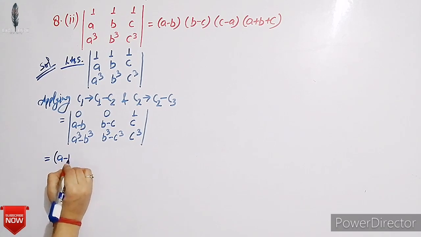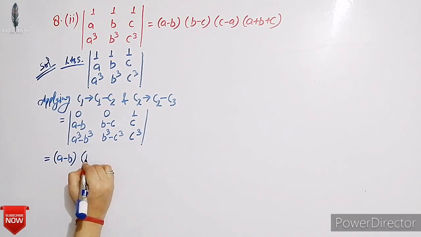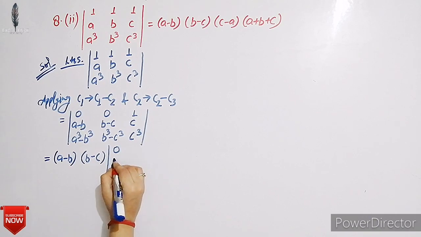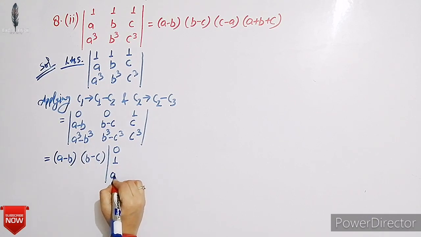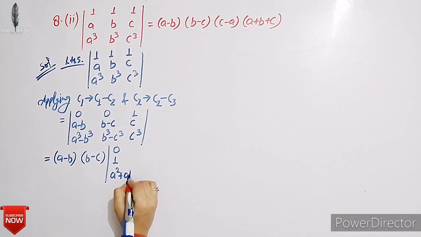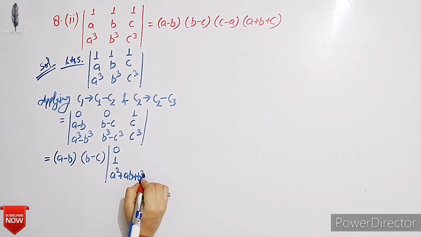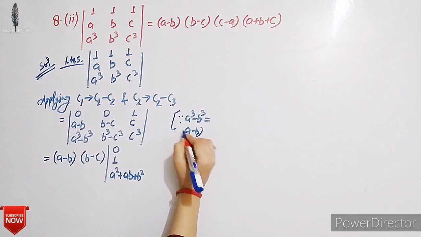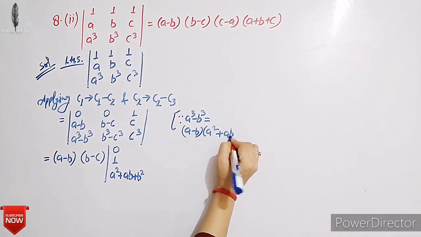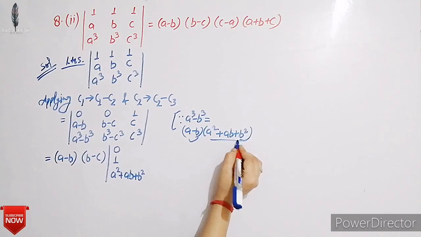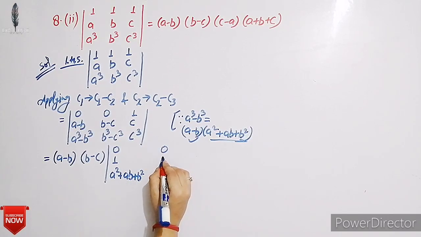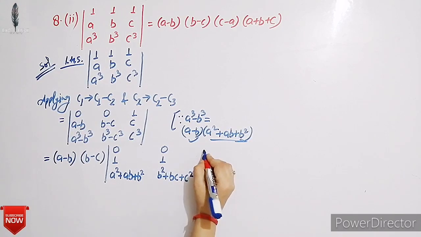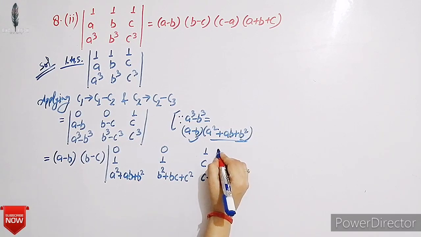Then we get A minus B into B minus C into here 0, 1, and here using identity A square plus AB plus B square, because A cube minus B cube is equals to A minus B into A square plus AB plus B square, and A minus B is common, so left A square plus AB plus B square, and here 0, 1, same B square plus BC plus C square, and C3 is same 1, C, C cube.